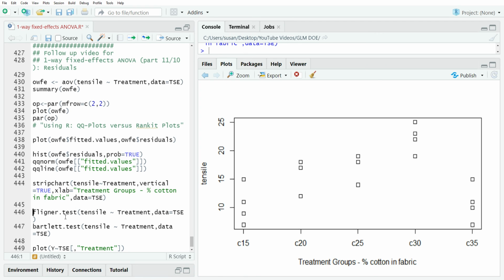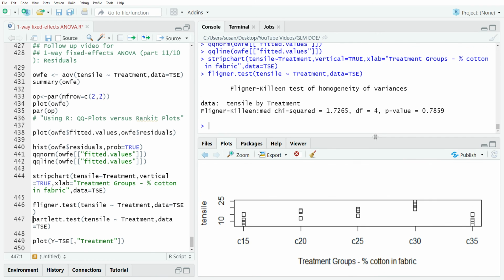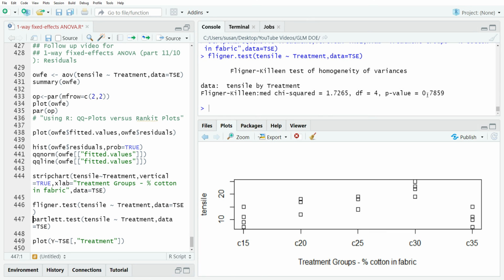And there are some tests. There are 2 tests that we can run to see if there is a homogeneous variance. Is there constant variance? In this first test, the null hypothesis is that there is homogeneity of the variances, and the alternative is that there is a non-constant variance or heterogeneity in the variances.